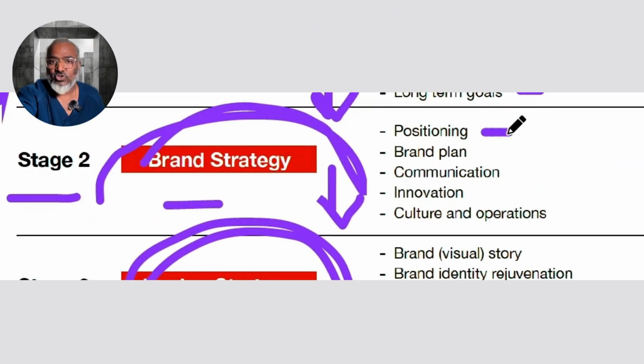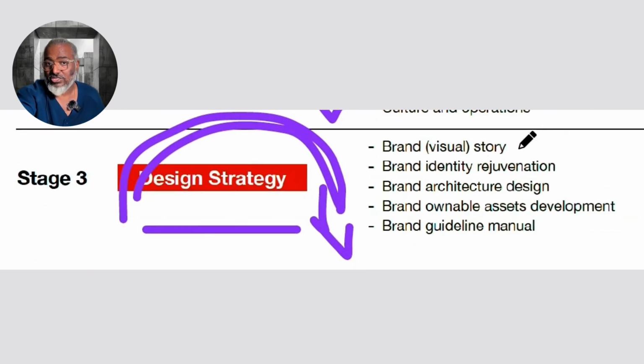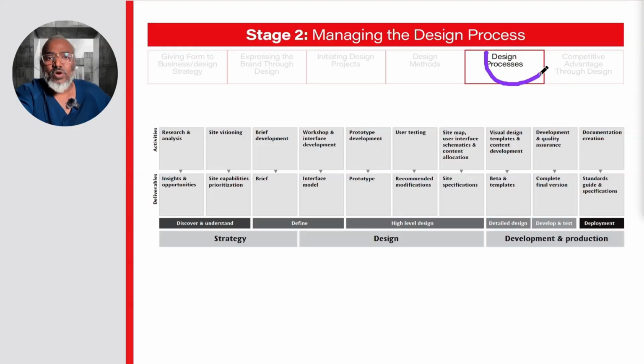In brand strategy, you have positioning, brand planning, communication, innovation, culture, operation. In design strategy, you have brand visual story, rejuvenation, architecture, ownable assets, and brand guideline manuals. So as a design process, you need to understand how designs move from strategy to design to development to production.